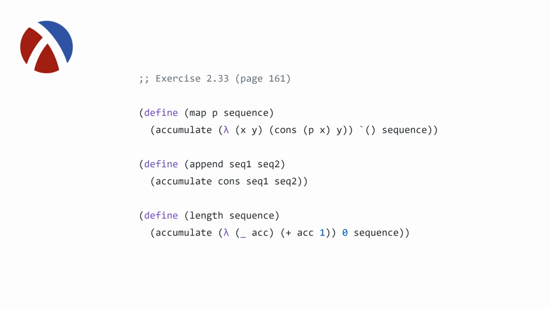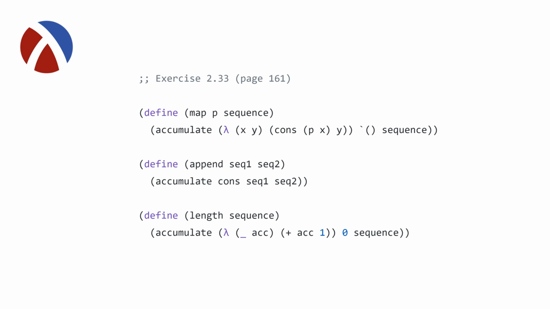Because it's a fold right, the way it's defined in the book, we can just make a call to a lambda, and then inside our lambda, make a call to cons, which is basically going to perform our procedure P on each of the elements X, and then cons it with our accumulator, which is exactly what we want.